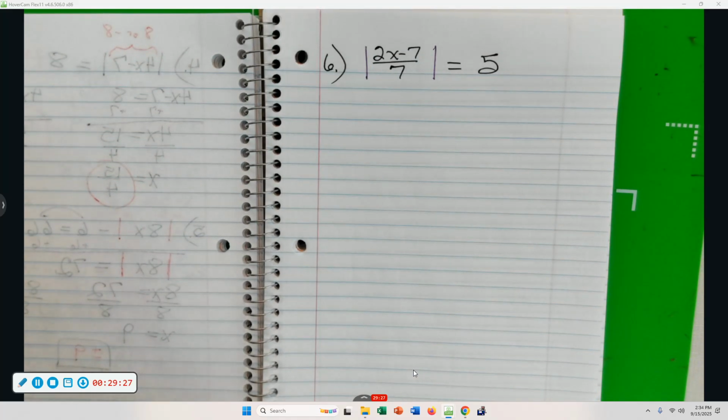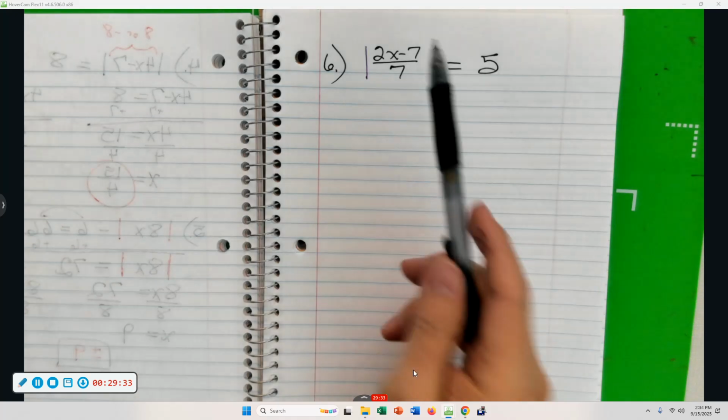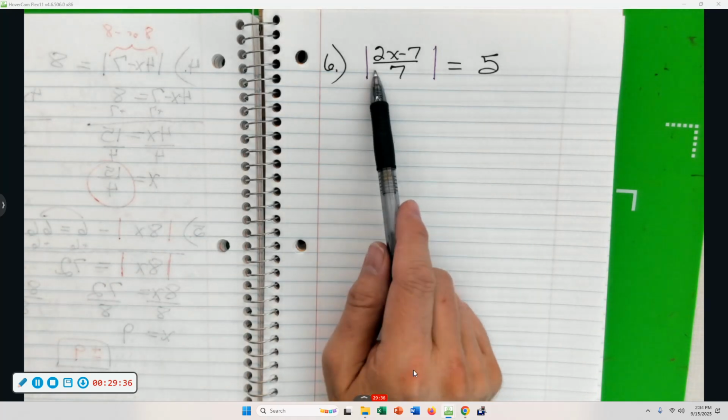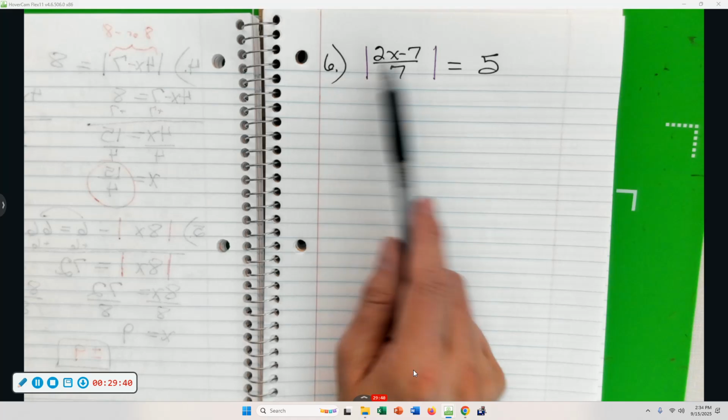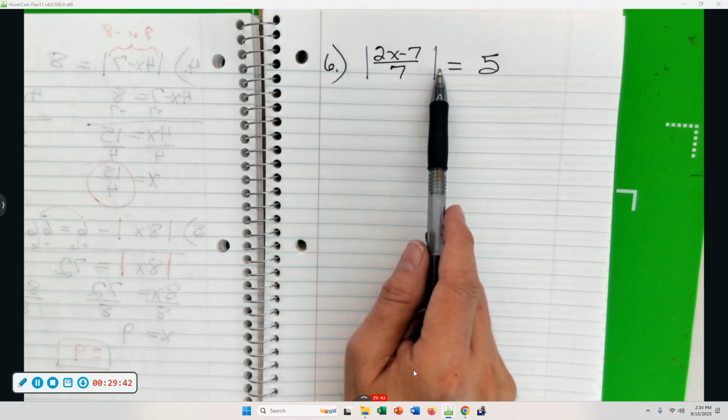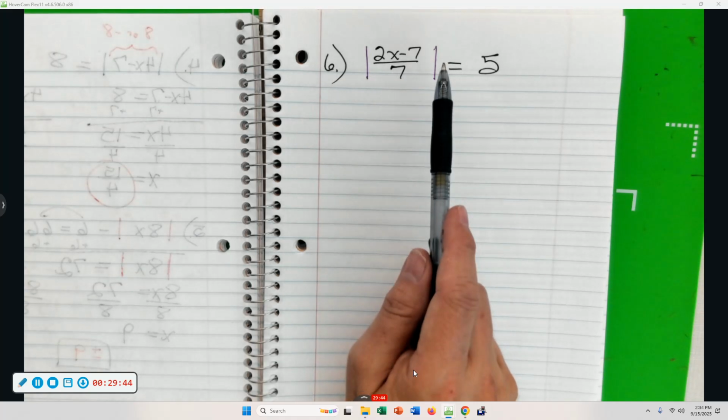Is the absolute value isolated, or do we need to move terms around? It's already isolated. It's a messy expression inside there, but there's nothing being added to or subtracted from the absolute value. So it's already isolated.